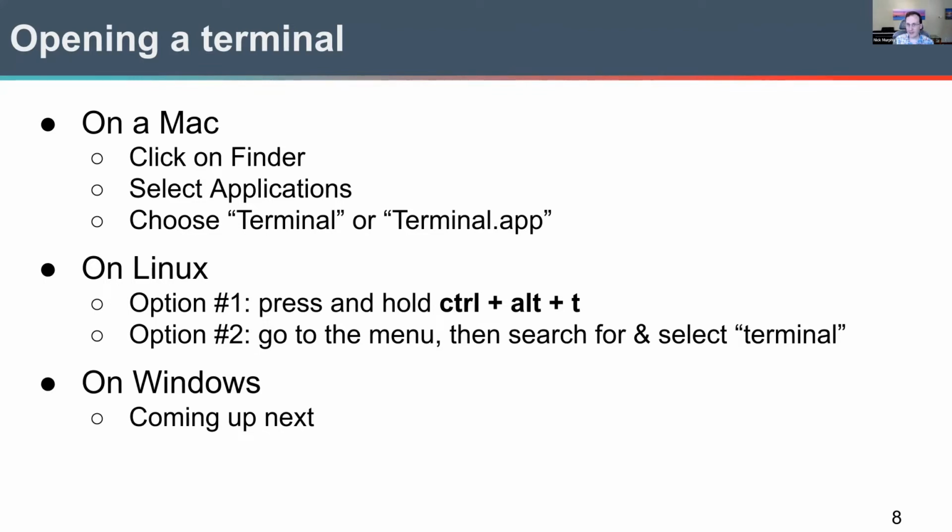In the Applications folder, there should be something named Terminal or terminal.app. If you select that and open it, that will get a terminal for you. Sometimes it will be in a subdirectory called Utilities, and otherwise I think you can search using Finder to get it.